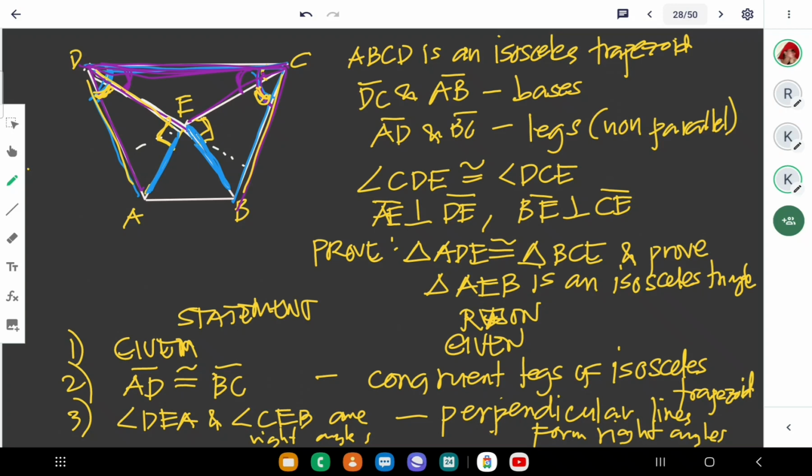Angle EDA, this one is congruent to this one, and this one is congruent to this one. Therefore AEB is an isosceles triangle because triangle AEB has two congruent sides, and from the properties of an isosceles triangle, two sides or two angles are congruent.